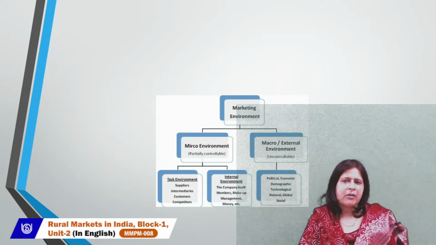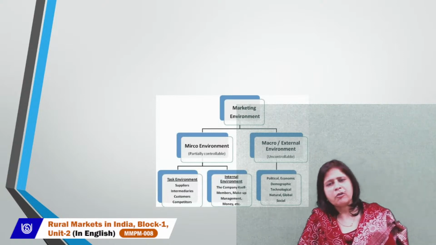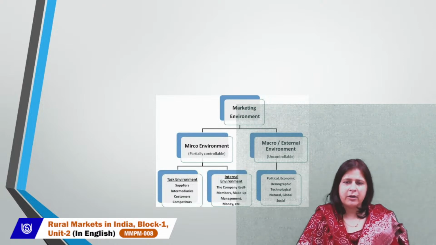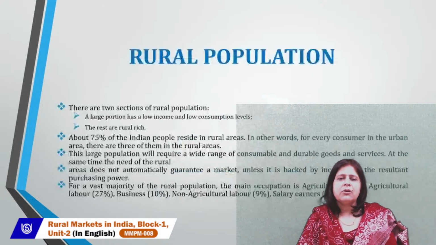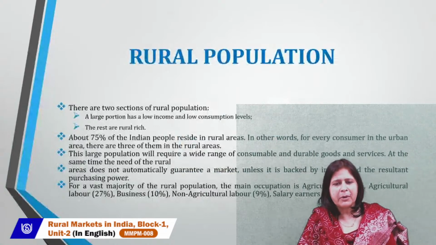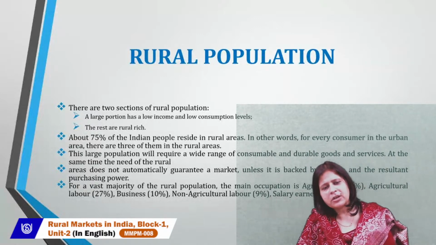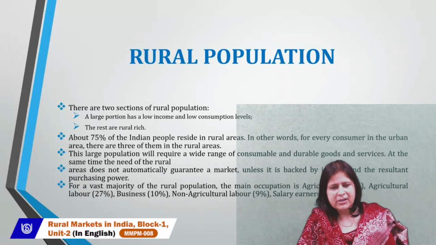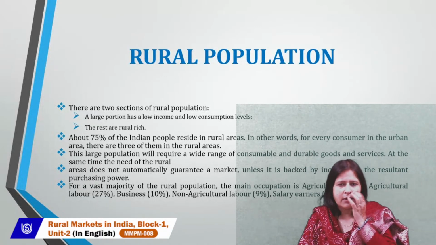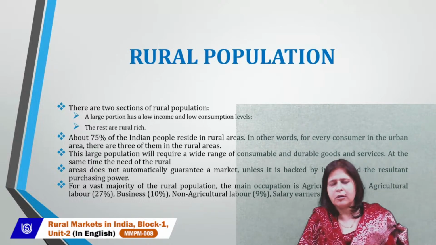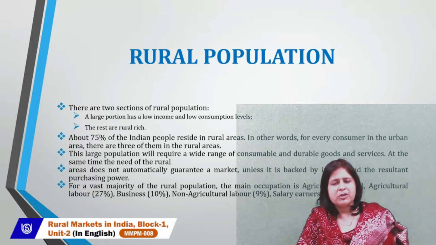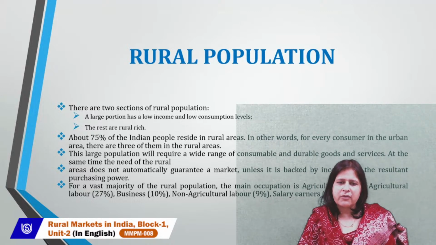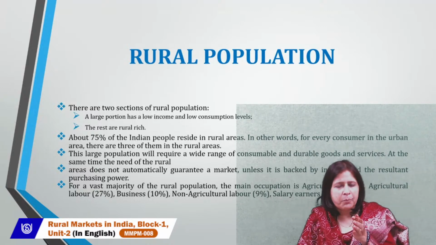So the marketing environment could be macro environment or micro environment, right? Now, rural population, actually there are two sections of the rural population. A large portion has a low income and low consumption levels, and the rest are rich rural people, right? The majority of the rural population are poor, right?